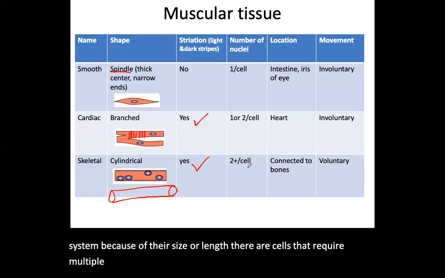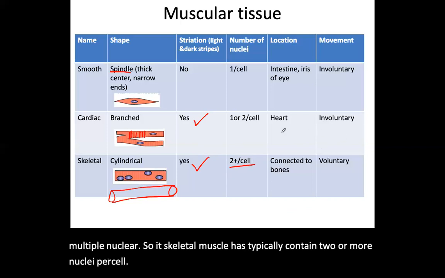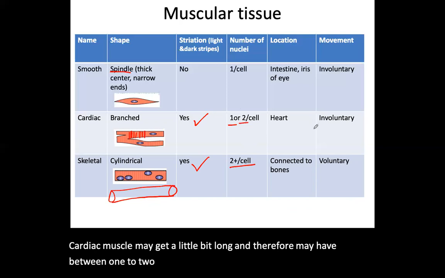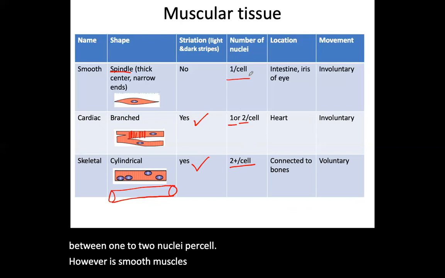So skeletal muscle typically contains 2 or more nuclei per cell. Cardiac muscle may get a little bit long and therefore may have between 1 to 2 nuclei per cell. However, smooth muscles are relatively short and they only contain 1 nucleus per cell.